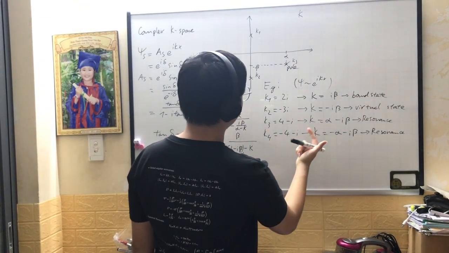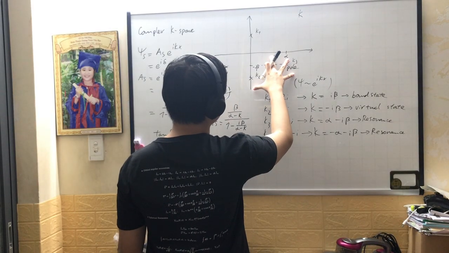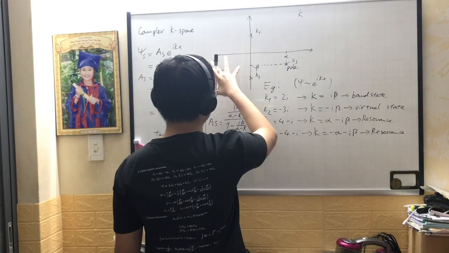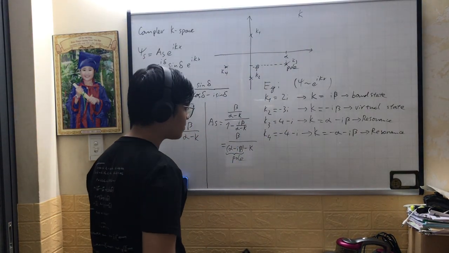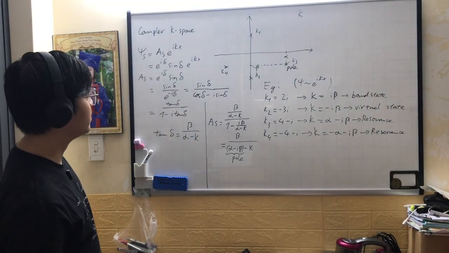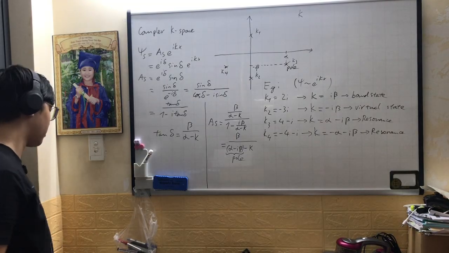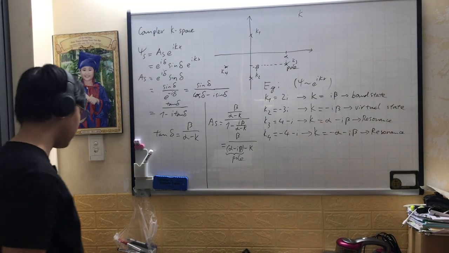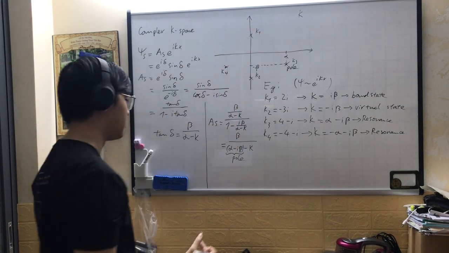Next is when you have any k that is on this quadrant or this quadrant, that would indicate a resonance state.